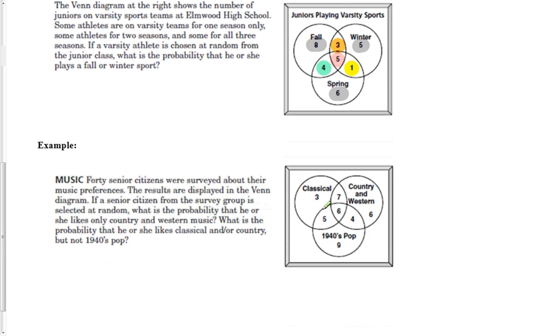You have people that only like classical, only like 40s pop, and only like country and western. You have people who like 2 of these, so either these 2, or these 2, and then you have some people, 6 of them, that like all 3 of them. And so when you're doing a 3-way Venn diagram like this, that's how you would fill it in.